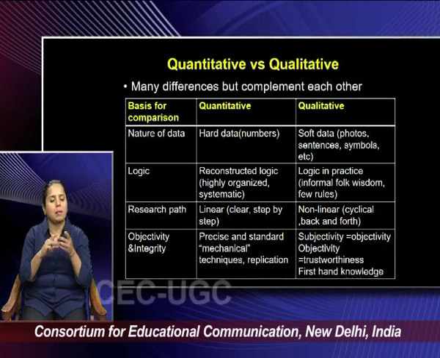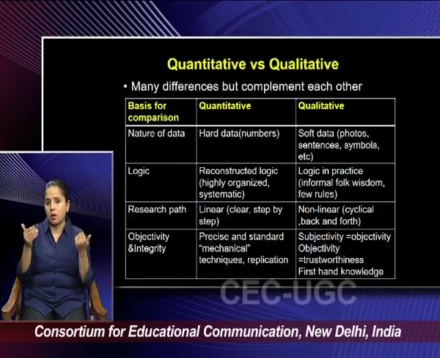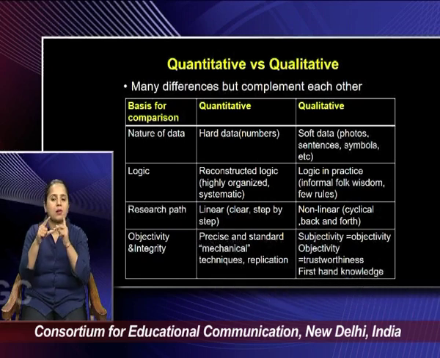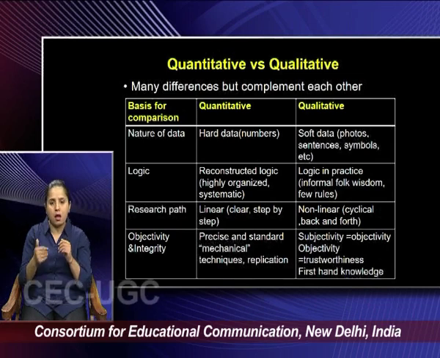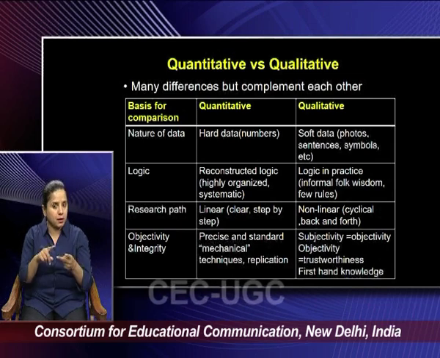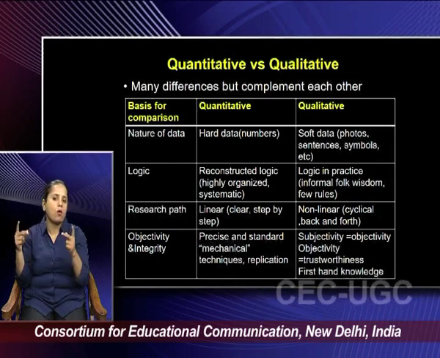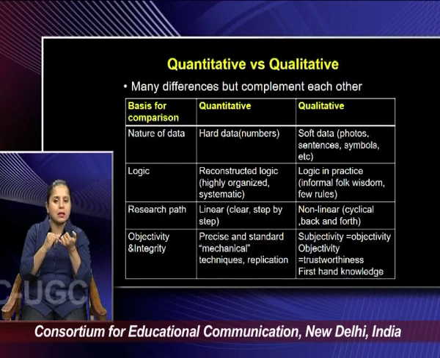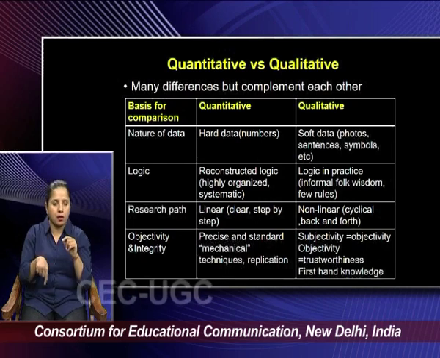So, the first basis of difference is the nature of data. Quantitative data has numbers, which is referred to as hard data, and the qualitative data is known as soft data, because it includes photos, sentences, narratives, symbols, texts, etc., visual text, written text, etc.